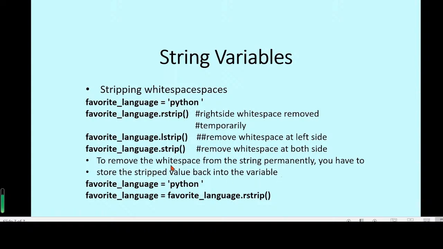So to remove the white space from the string permanently, you have to store the stripped value back into the variable. So this is favorite language with a string with a space after this string. You can use rstrip but assign back to this string variable.